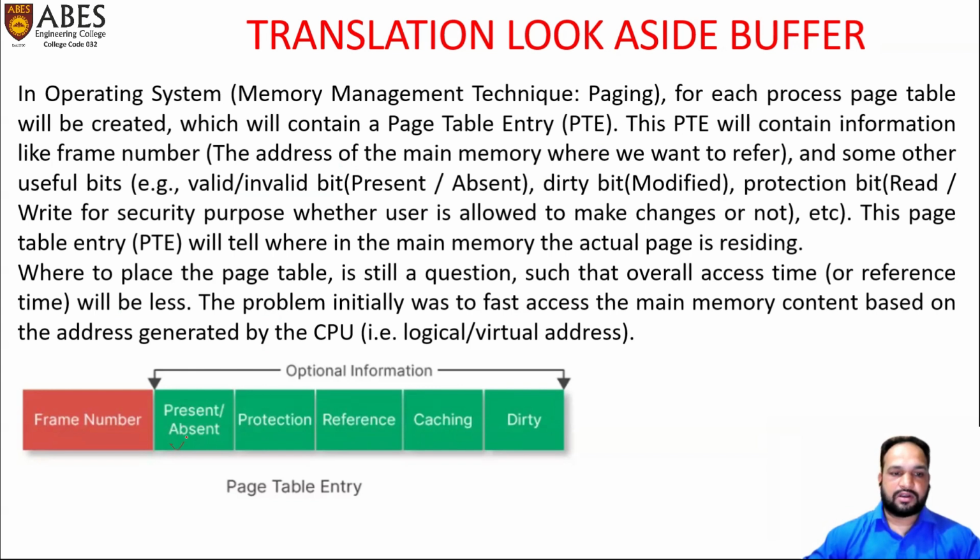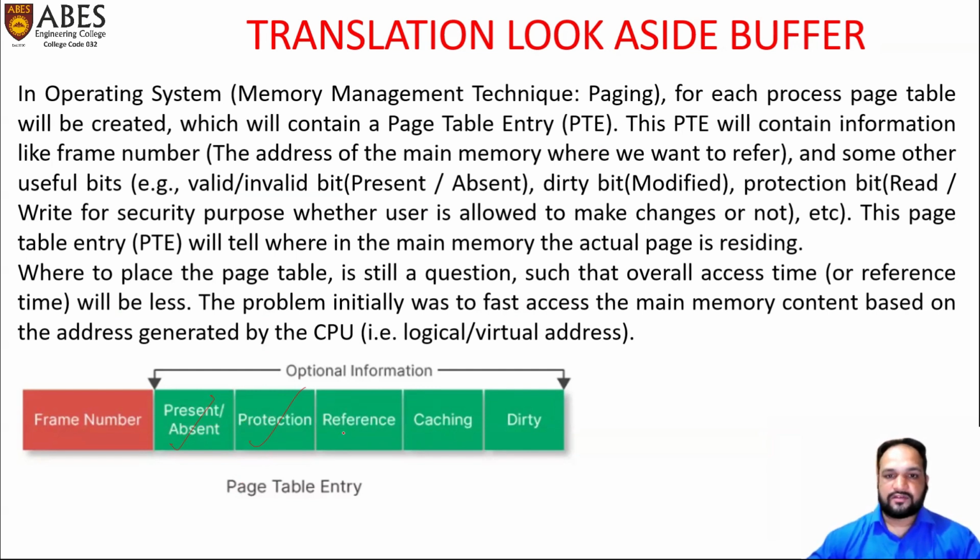The valid or invalid bit, also known as the present or absent bit, means whether a particular frame is available or not. The protection bit means whether the user is allowed to make any changes or not, that is, up to what extent the user is allowed.